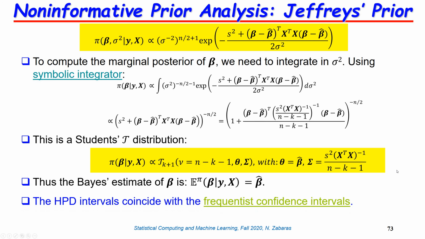That's very convenient. And what is very interesting here, if you look at the distribution of each of the parameters beta i, it turns out to be similar to what we derived in a frequentist setting very early on in the previous lecture, which means that the HPD regions coincide with the frequentist confidence intervals.